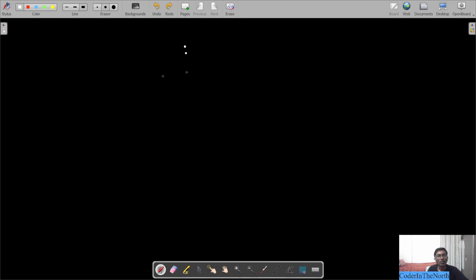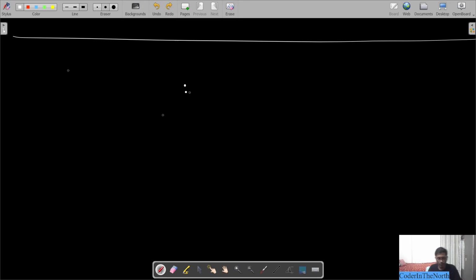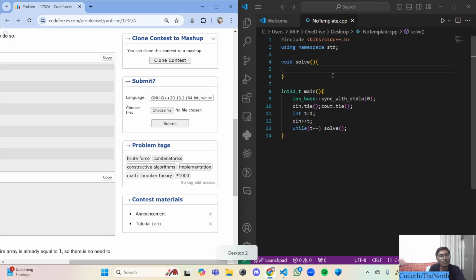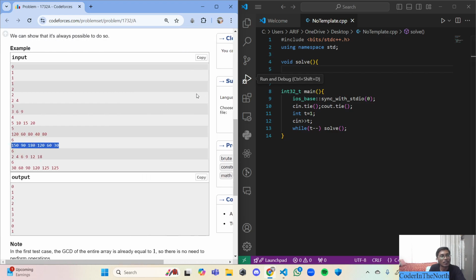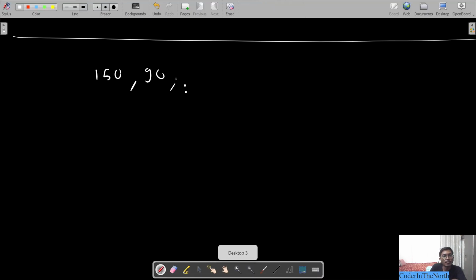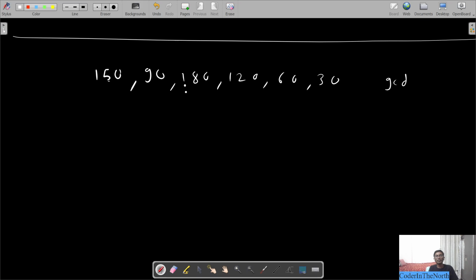The test case was 150, I think 90, 180, 120, 60 and 30. If you look carefully, the GCD of the whole array will be 30, and the indices will be 1, 2, 3, 4, 5, 6.